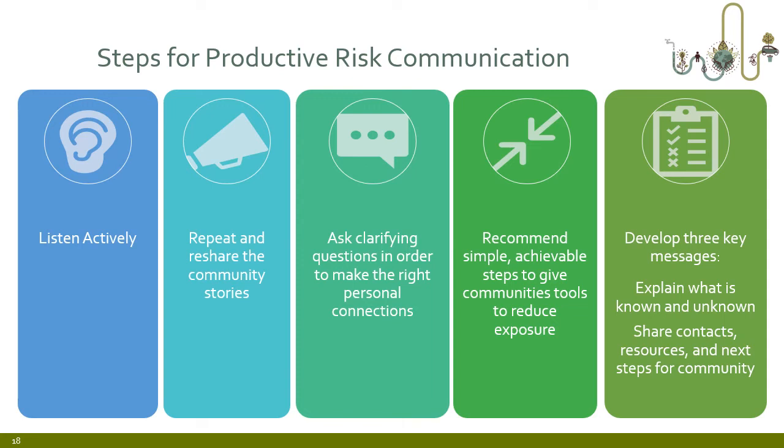Clarify what has been shared with you to be sure that you truly understand the needs of your community and that you are sharing their perspectives accurately. Recommending simple, achievable steps to reduce exposure in the community is very important. If you don't know what those steps are, share your limitations and contact state, federal, or academic partners for technical support.